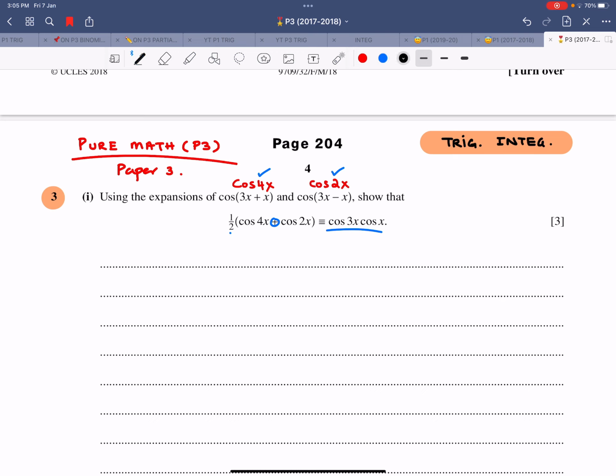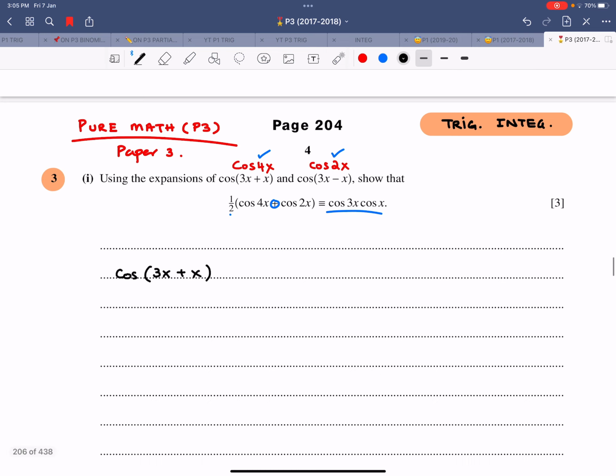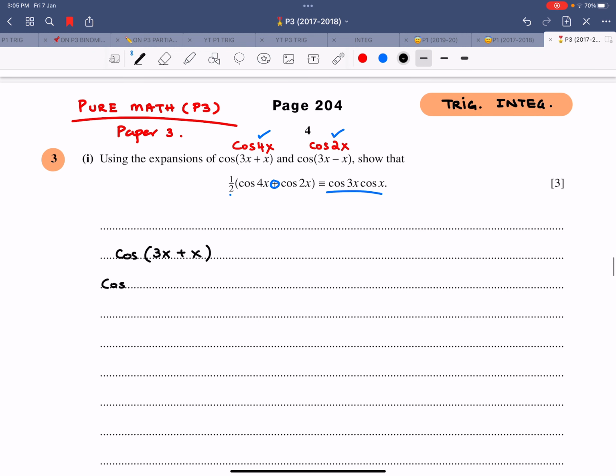Let's get started. Cosine 4x is basically cosine(3x + x). Let's apply the addition formula: that is cosine 3x cosine x minus sine 3x sine x. That's all you can do for right now. Similarly, cosine(3x − x) is cosine 3x cosine x plus sine 3x sine x.